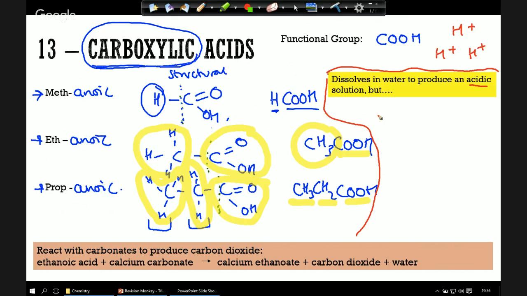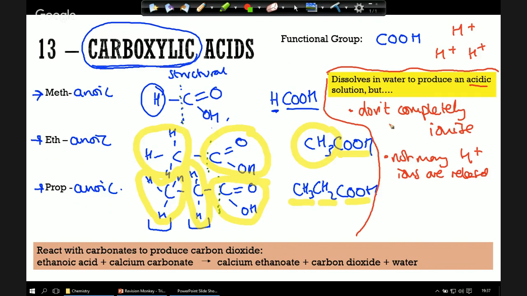But these carboxylic acids don't completely ionize. That means they don't give away so many hydrogen ions. So not many hydrogen ions are released.